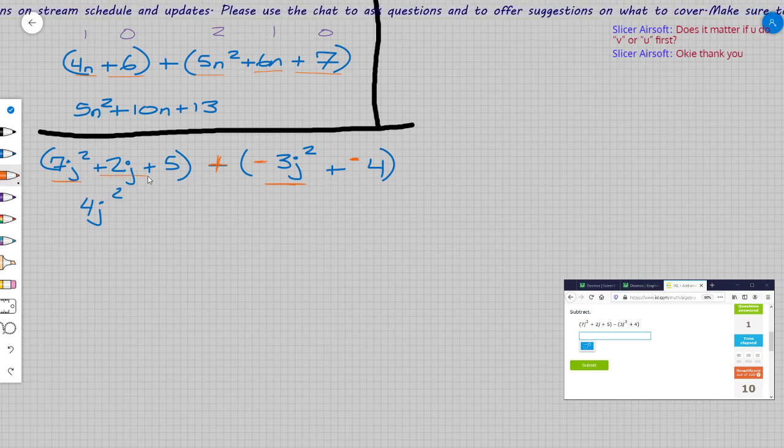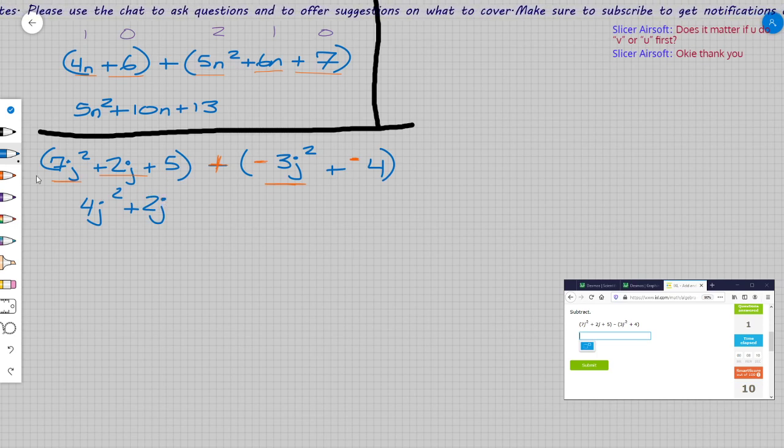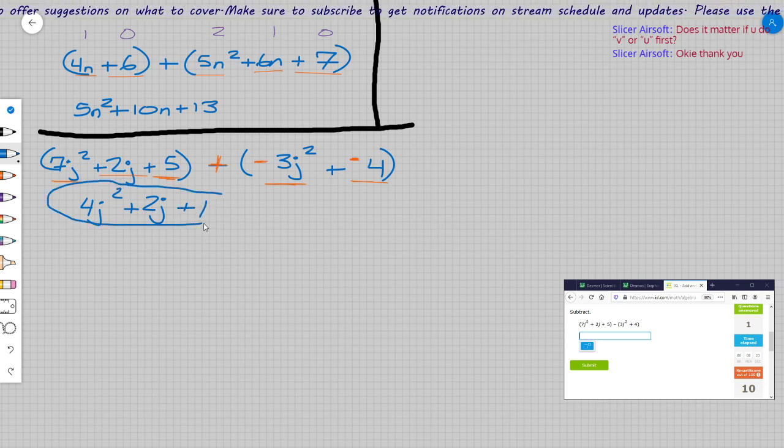We only have one that has a degree of 1. So that's going to be then just plus 2j. And then we're going to add our constants, so the ones that have a degree of 0. So positive 5 minus 4 is going to give us positive 1. So this would be your final answer. And if we were to label that, that would be a quadratic trinomial.